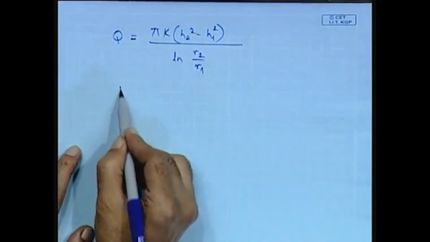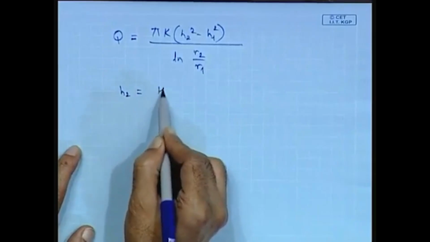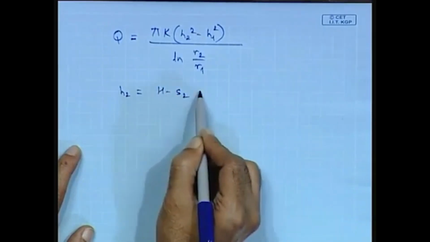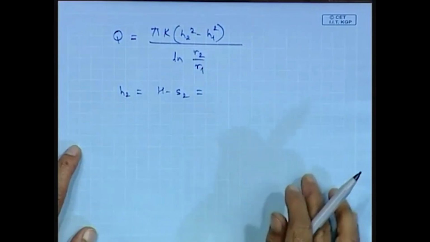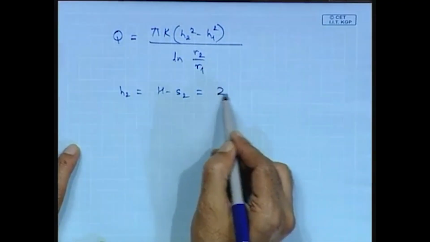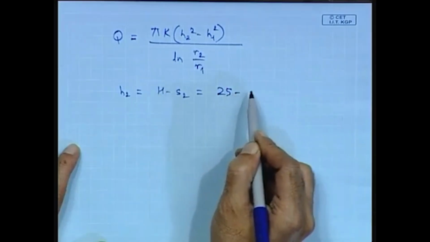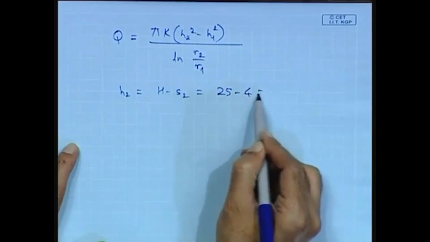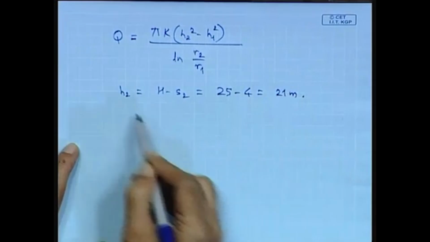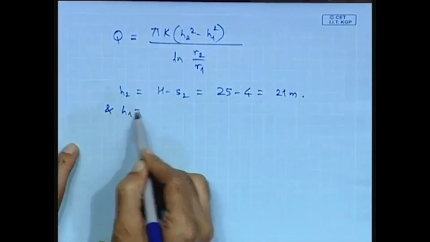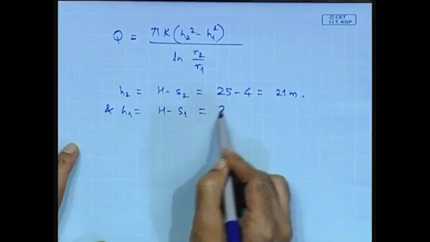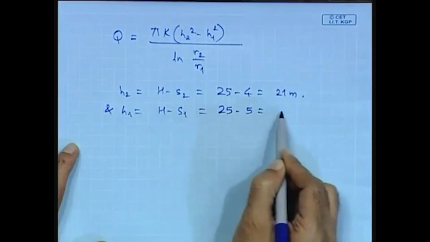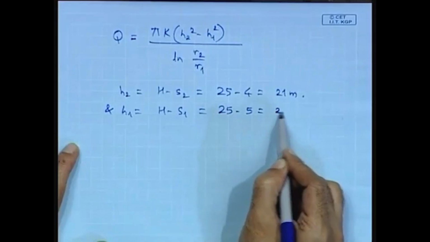Here h2 is equal to h minus s2, and h is given, which is 25 minus 4, which is 21 meters, and h1 is equal to h minus s1, which is 25 minus 5, which is 20 meters.